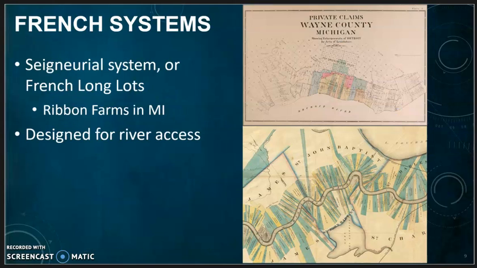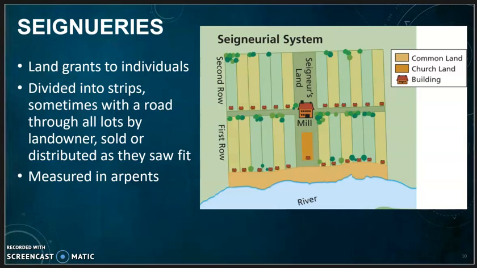So we also have French systems. We have the seigneurial system, or French long lots, and they were designed for river access. A seigneurial system is a system of land distribution established in New France in 1627. This system was designed for river access and dividing the land into seigneuries, long narrow strips frequently called long lots or ribbon farms, each with access to the river in North America.